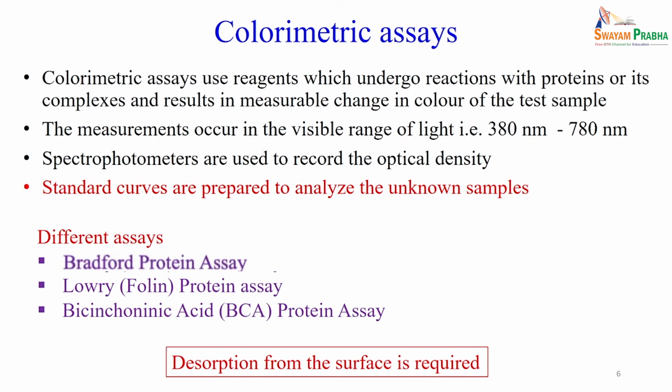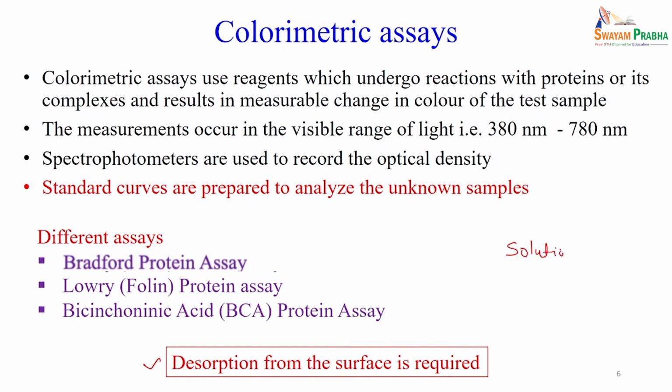So, as I told, in colorimetric we can go with either solution depletion method or we can go with the desorption from the surface. So, if you can desorb the adsorbed amount in a small volume, we can have a higher concentration of the protein suitable for the analysis, because in case of solution depletion method, there is no significant change in the bulk concentration.